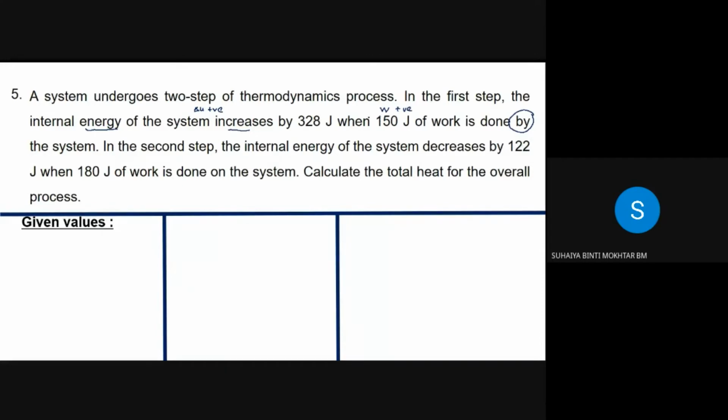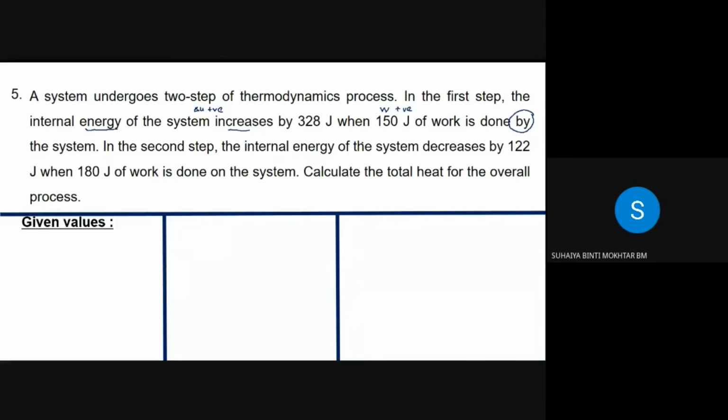So from step 1 here, you can calculate Q, right? Q equals to delta U plus W, right? Okay, second step, internal energy of the system decreases. So U final is less than U initial.